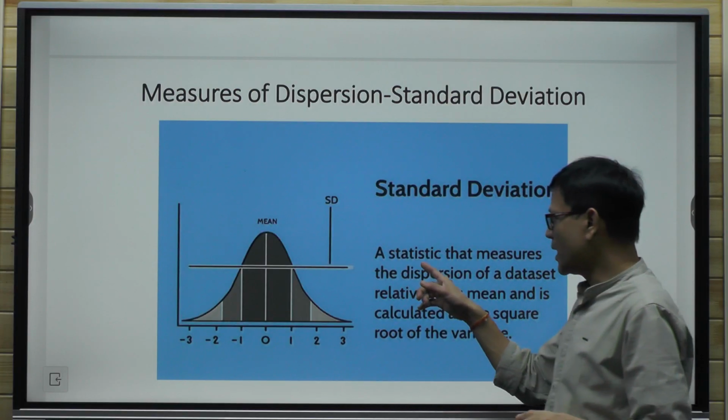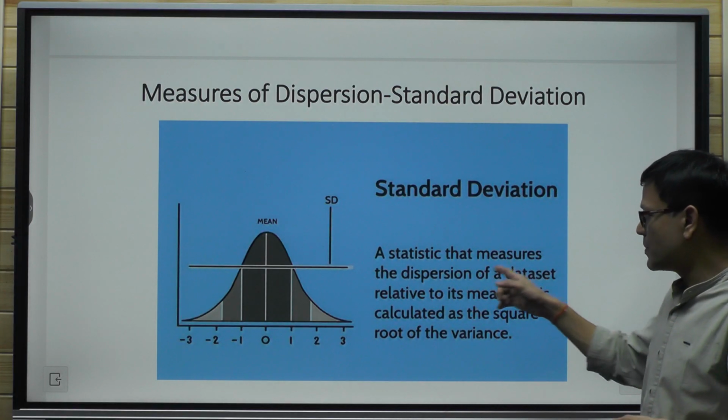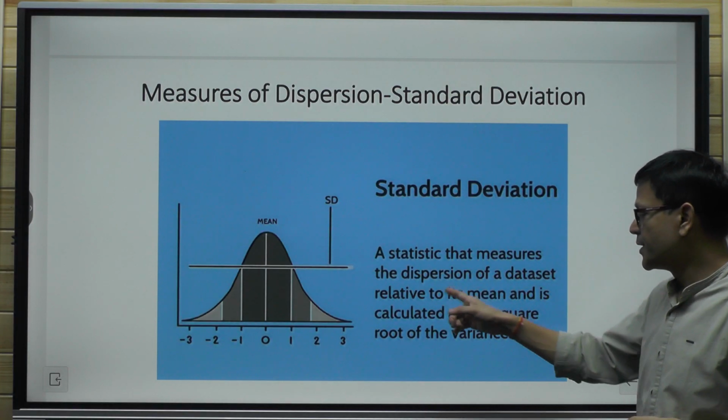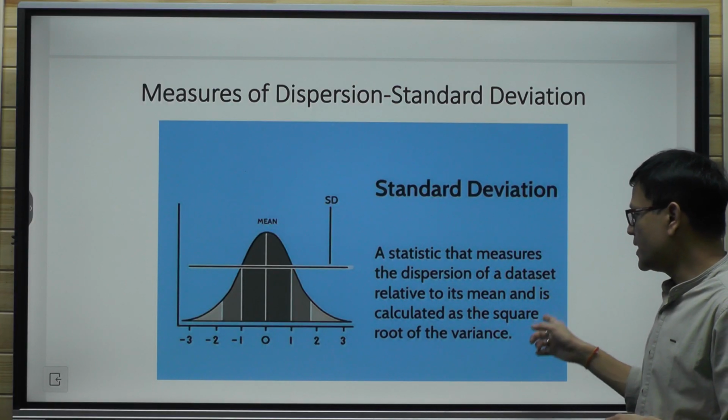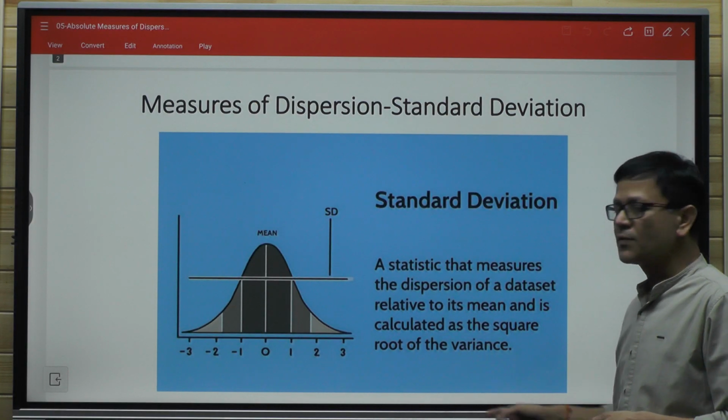Standard deviation is the statistic that measures the dispersion of a data set relative to its mean, and it is calculated as the square root of variance.